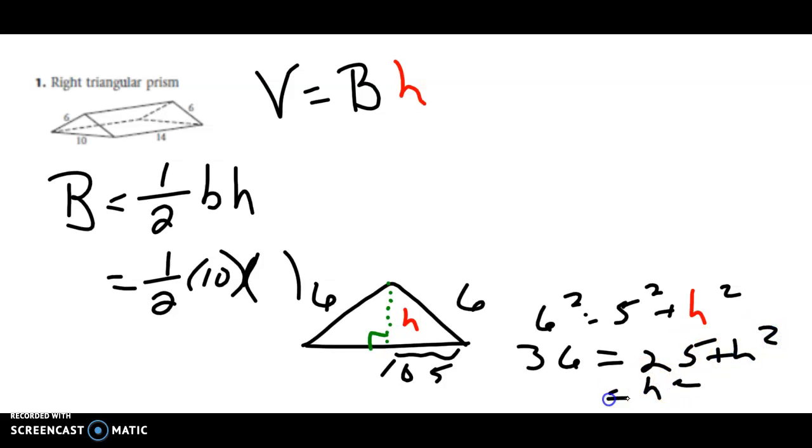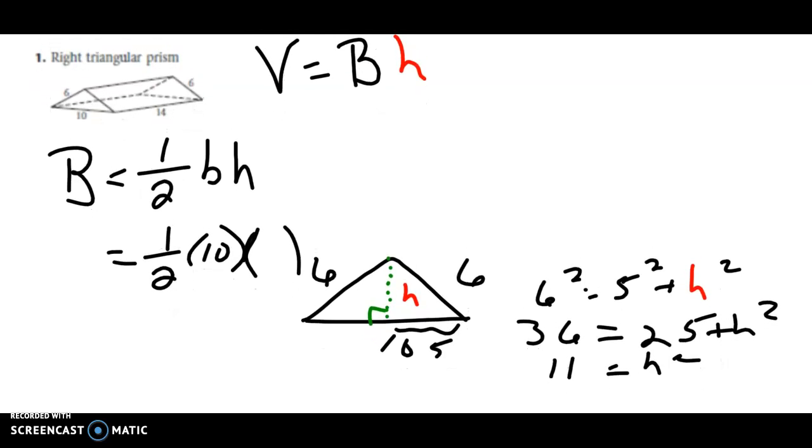H squared is going to be equal to 11. I'm kind of running out of space there. H is going to be equal to the square root of 11. And that's what we're going to put in here.